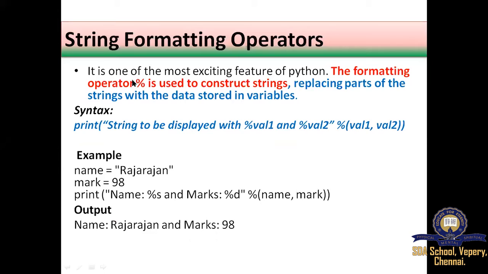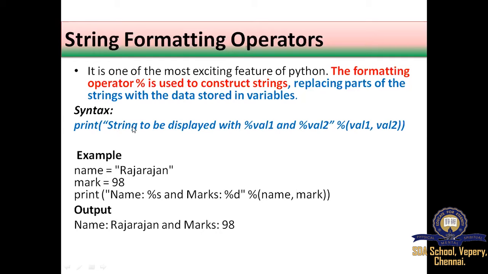They use this percentage sign as a formatting operator to construct strings in Python. What does this percentage operator do? It will replace the parts of the existing string with the data stored in variables.